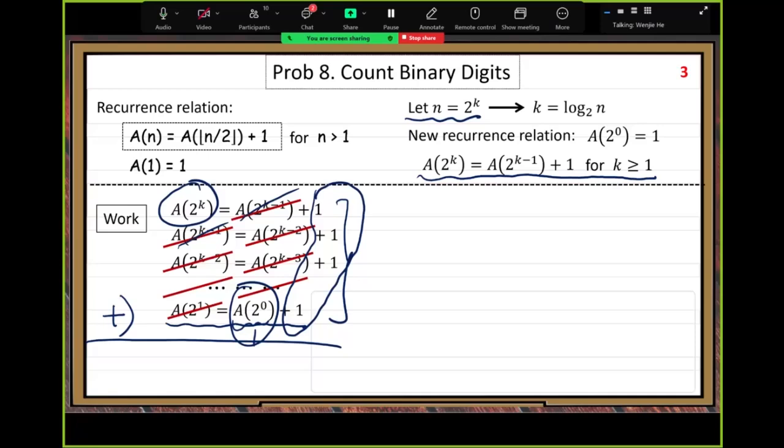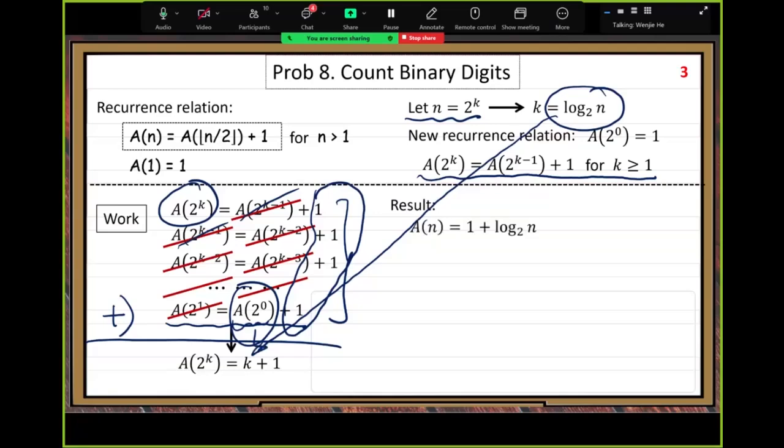So then the final answer, A of 2 to the k equals k plus 1. And the k, we have the representation log base 2 of n. So we can write our result: A of n equals 1 plus log base 2 of n.